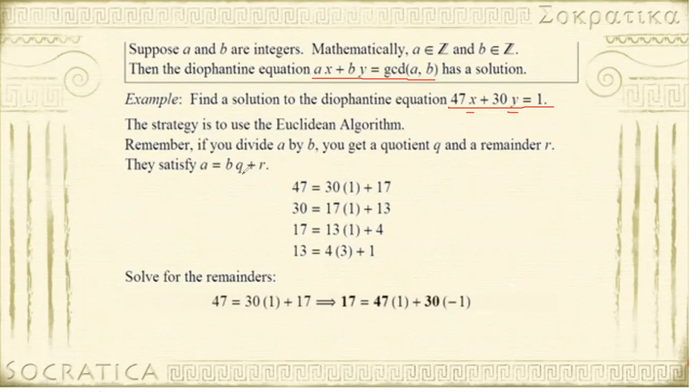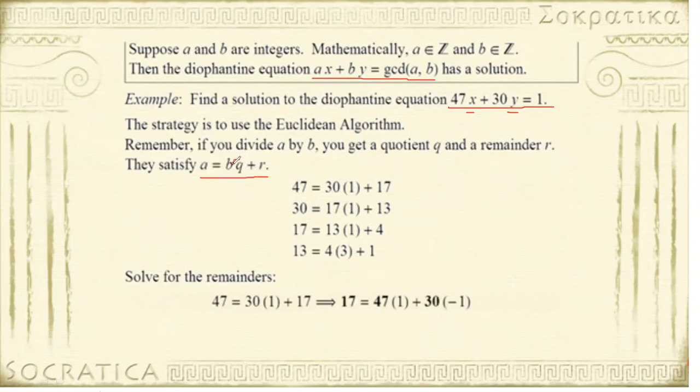So first we divide a by b, and we get the quotient q and the remainder r. Then this equation must be satisfied: a = b times q + r.